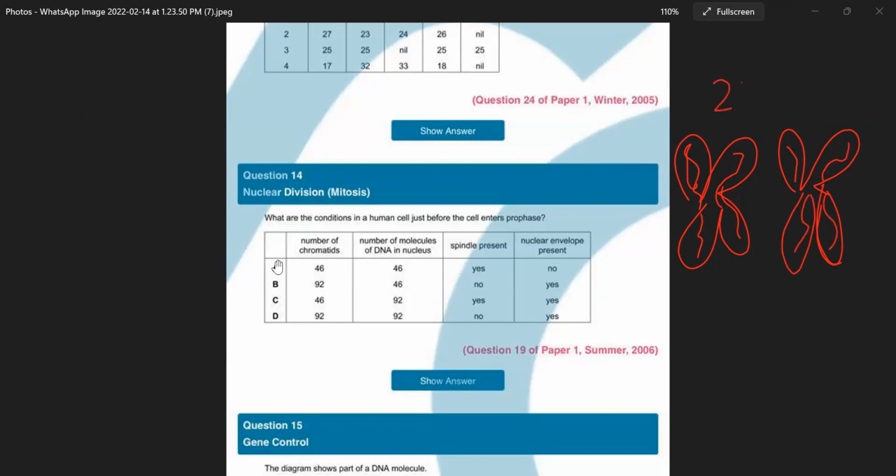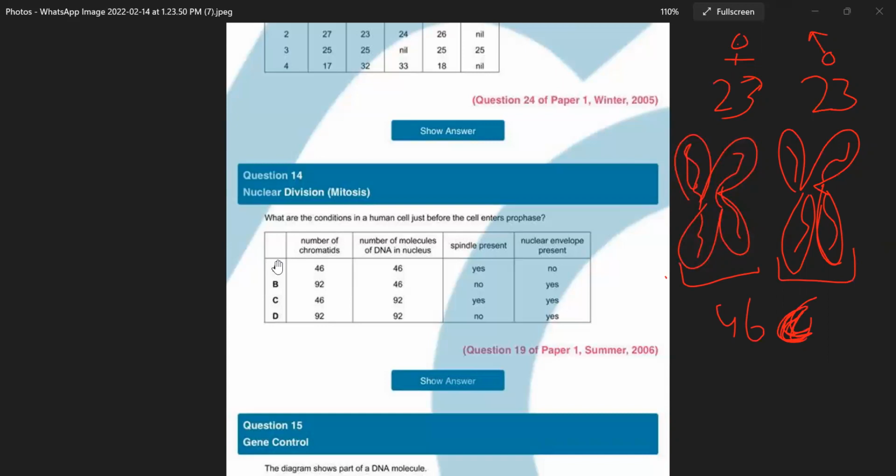I have 23 coming from my mom and 23 from my dad. Okay, that's true, right? And these are chromosomes. So I have 46 chromosomes, 23 plus 23, right?